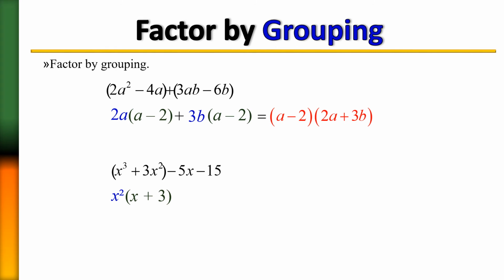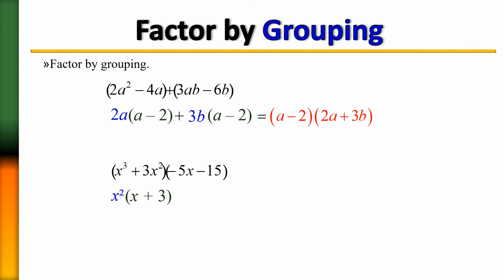Now looking at that last group, we want to know what is it that these two terms share in common. And don't forget that little lesson I taught you that remember with polynomials, if the leading term is a negative, you must factor out a negative.